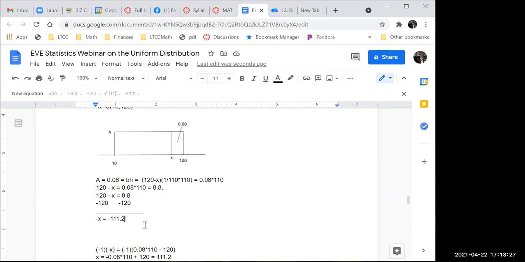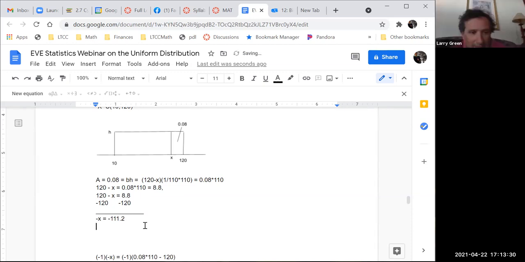Yeah, that makes a lot more sense. Okay, and then multiply both sides by -1. And -1 times -x is x. And -111.2 times -1 is positive 111.2. So same thing.